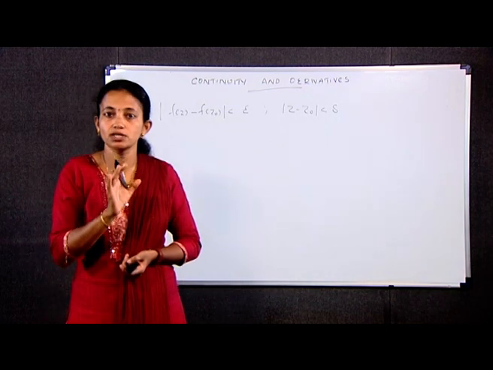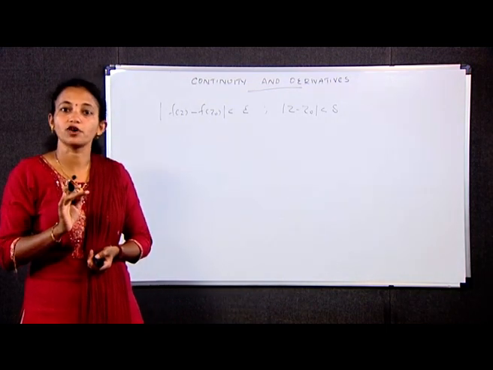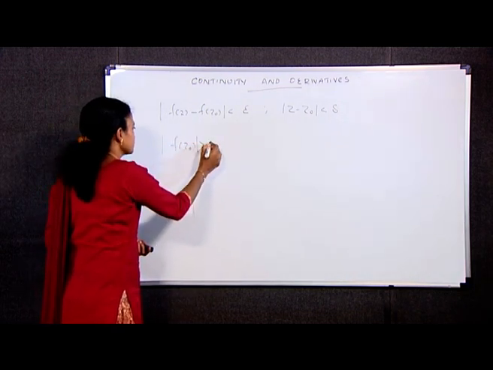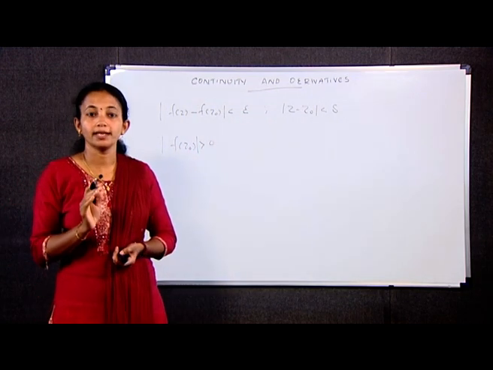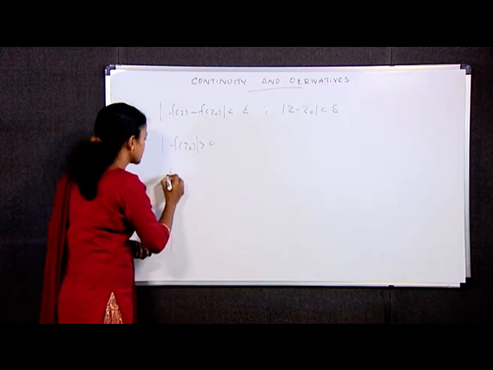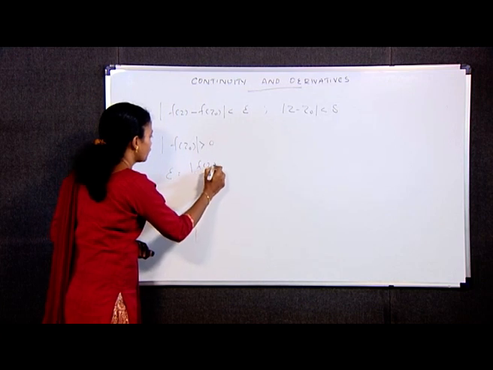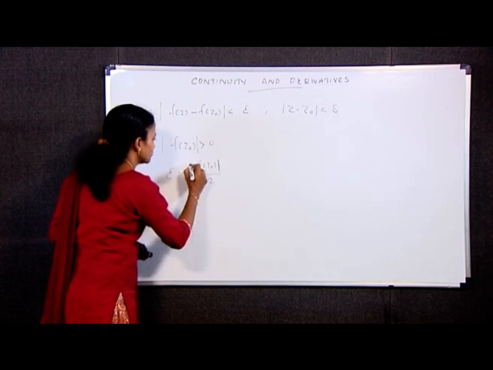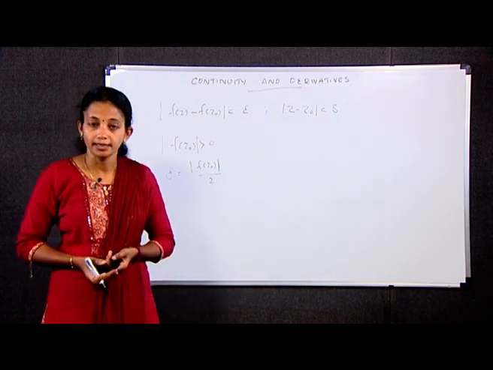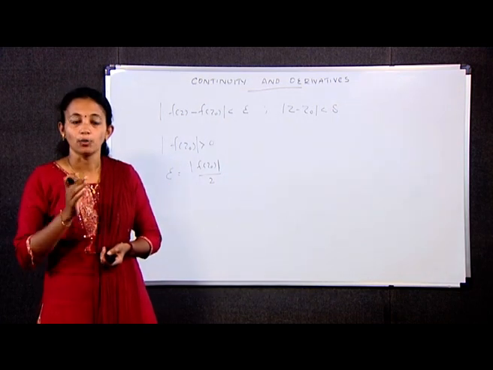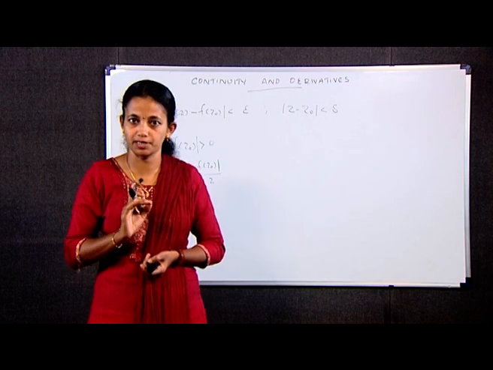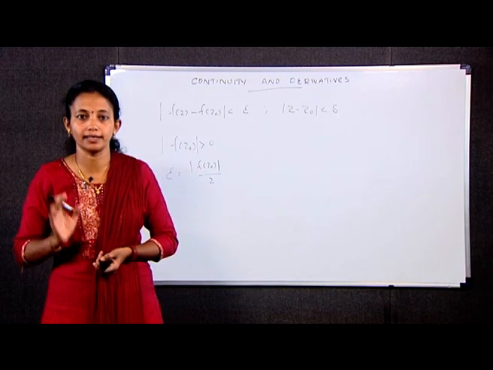Since f(z) is non-zero at z₀, we have |f(z₀)| greater than 0. We can take epsilon equal to |f(z₀)|/2. Then, corresponding to this epsilon, there exists a delta greater than 0 such that |f(z) − f(z₀)| is less than |f(z₀)|/2, that is our epsilon, whenever |z − z₀| is less than delta.